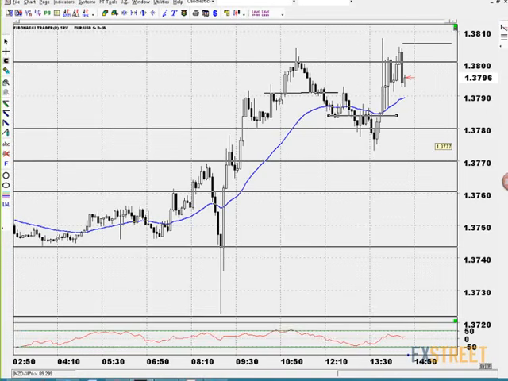I'm only taking very, very, very few trades, but they are very high probability trades in my opinion. Sometimes I might take more, sometimes if I get into a rhythm, but for me it's not scalping.